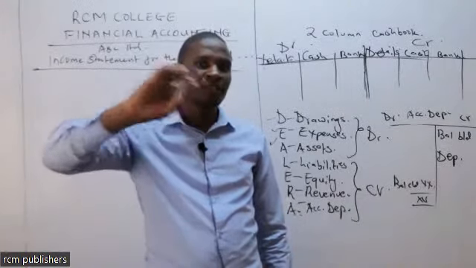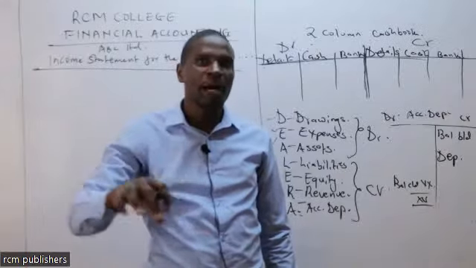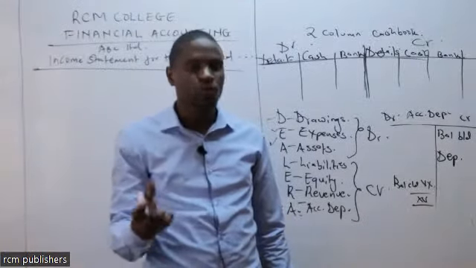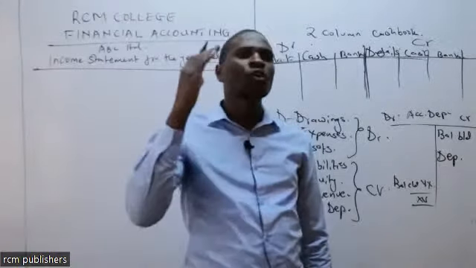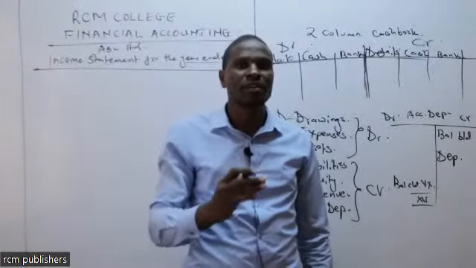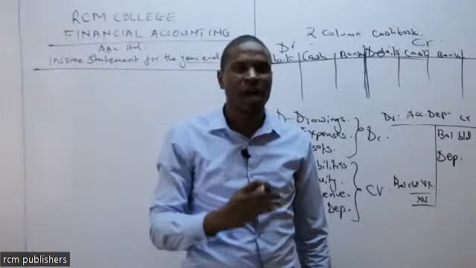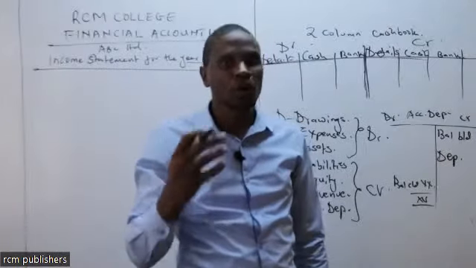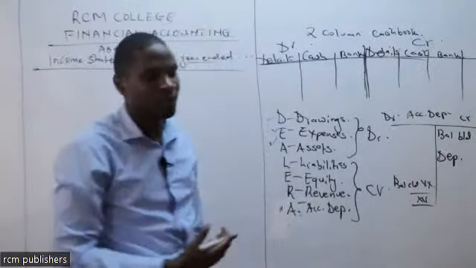We take the gross income, or the total income, minus the total expenses to arrive at our net what? Our net profit. So the purpose of preparing the income statement is to ascertain the performance of the company. Are we operating at a loss or are we operating at a profit?